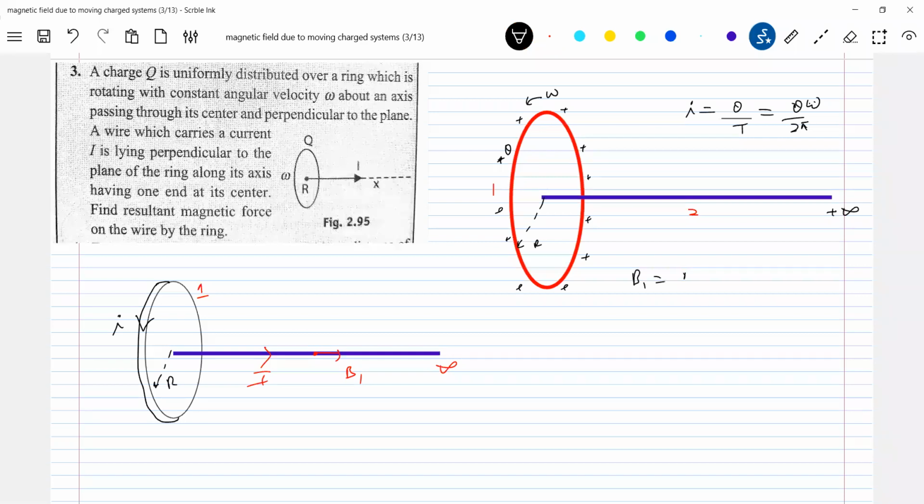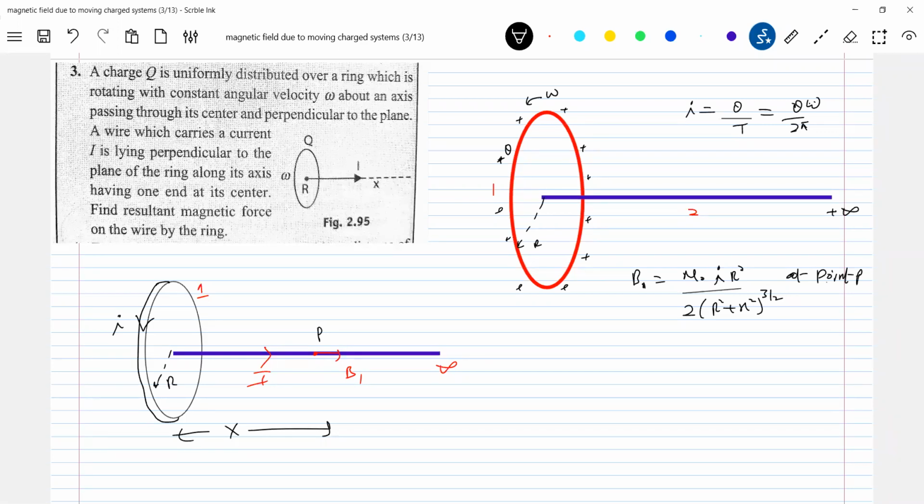B1 is equal to mu naught I r square by 2 (r square plus x square) to the power of 3 by 2, at a distance x at point P. So this much is B1, and what is I? We are going to substitute here. Now small i, capital I, be careful. Small i is due to the rotating charged ring.